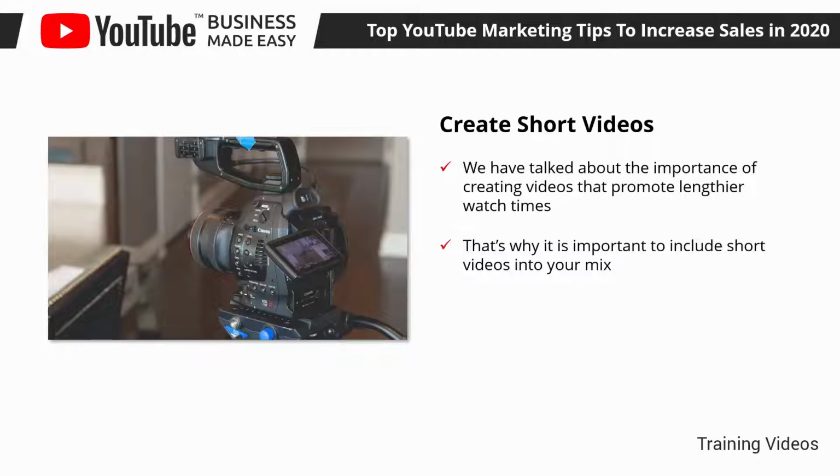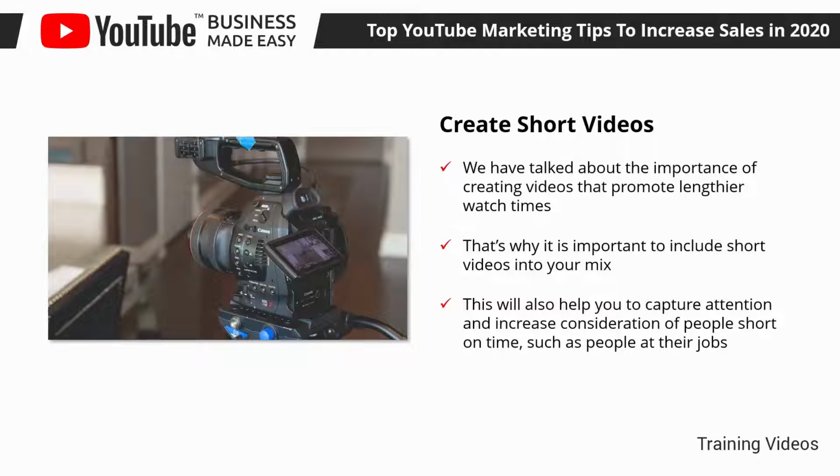Videos that last less than 2 minutes can generate over 50% of your views, and they're more effective to deliver your message to certain leads at certain stages of your sales funnel. While a single short video won't help you to drive an immediate sale or to show more than one ad, adding several short videos to your channel can help you to increase watch times because more people will be able to watch your videos in short bursts.